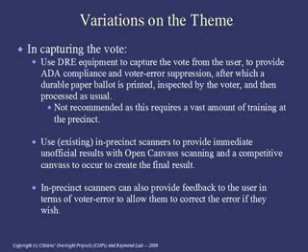Secondly, you could use existing in-precinct scanners, such as the ones I showed earlier, to provide immediate unofficial results, with the open canvas scanning and a competitive canvas occurring to create the final result.